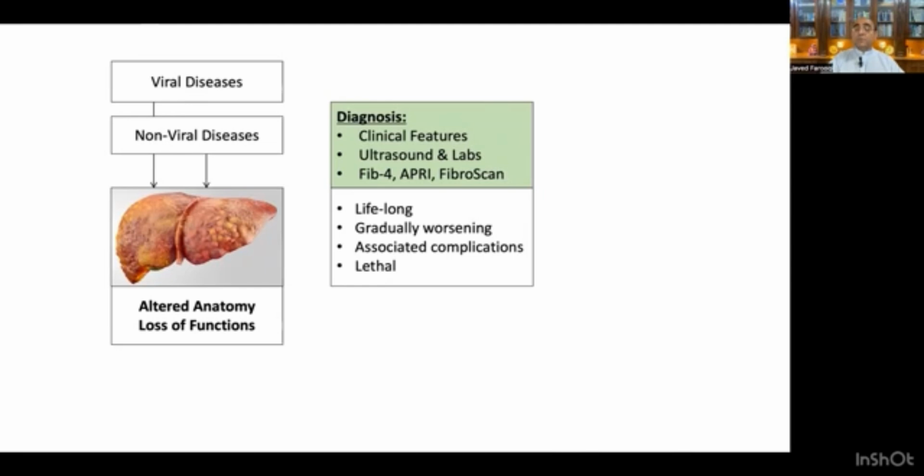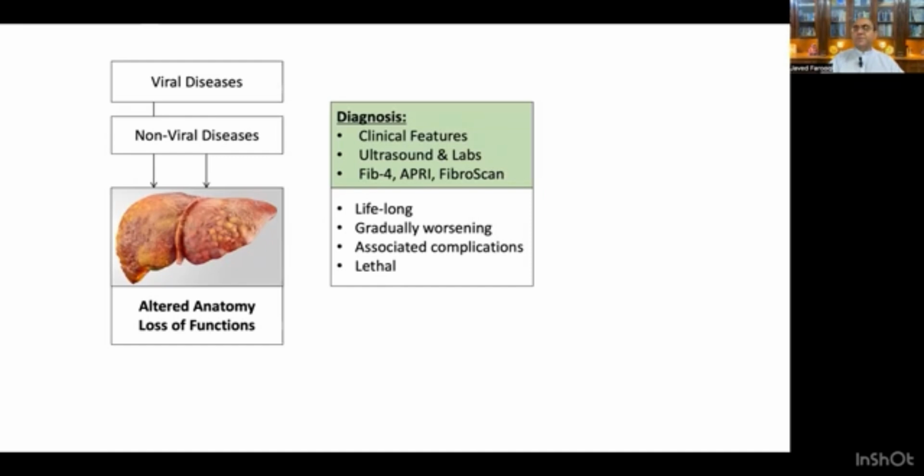Labs like low albumin, prolonged PT INR, low platelet count, all these are lab results which can suggest that the patient has got liver cirrhosis. We don't need to do a biopsy in such patients.